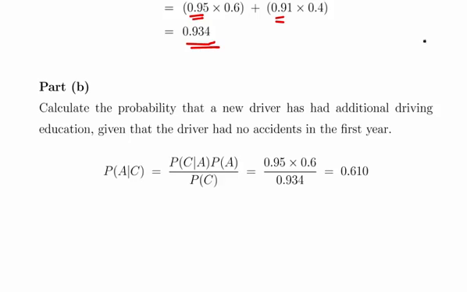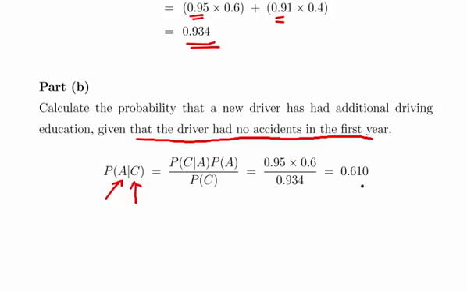It's explicitly stated here that this is given C, given that there were no accidents. So this part stands out. In fact, in this particular question, it's easier than usual. That's the probability of A, given that there were no accidents in the first year, given C.